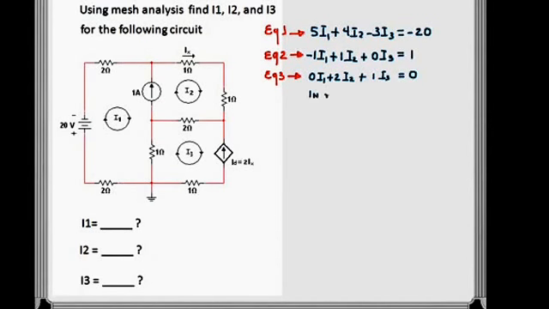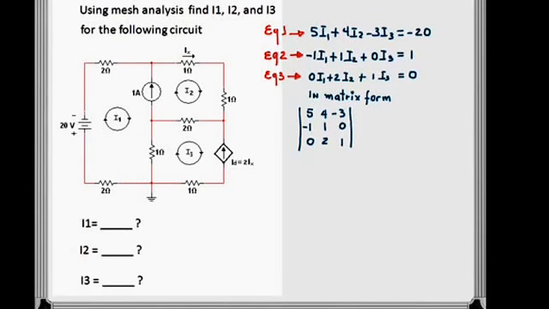We can write this in matrix form, and we can start with the matrix of coefficients: 5, 4, minus 3, minus 1, 1, and 0, 0, 2, and 1, followed by the vector of currents, I sub 1, I sub 2, and I sub 3, and then minus 20, 1, and 0 as the result.